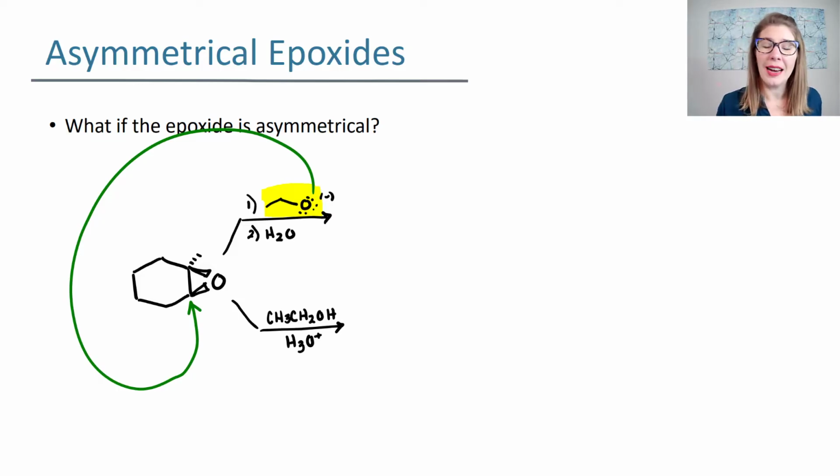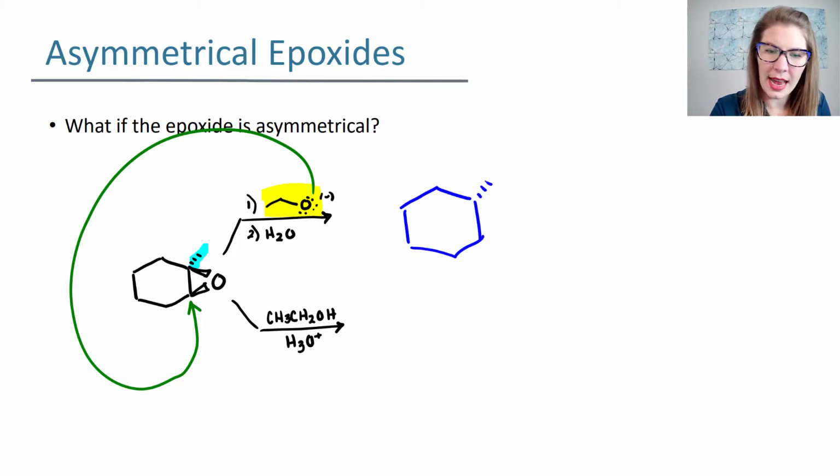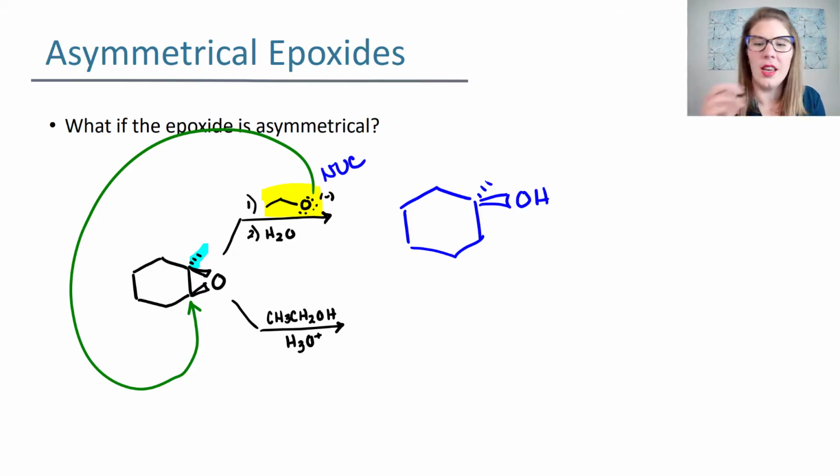So when your epoxide is asymmetrical, and notice how I have this methyl group here that's making my epoxide asymmetrical, what we're going to find is our final product is going to have your OR group, so whatever your base or nucleophile is here, is going to come in and attack from the opposite side.